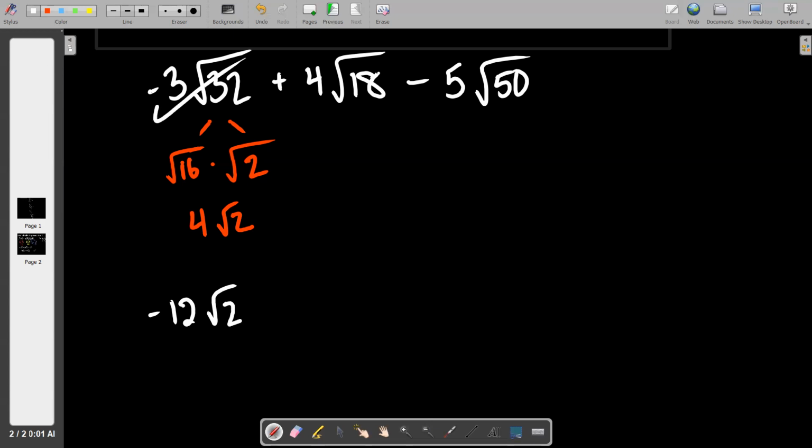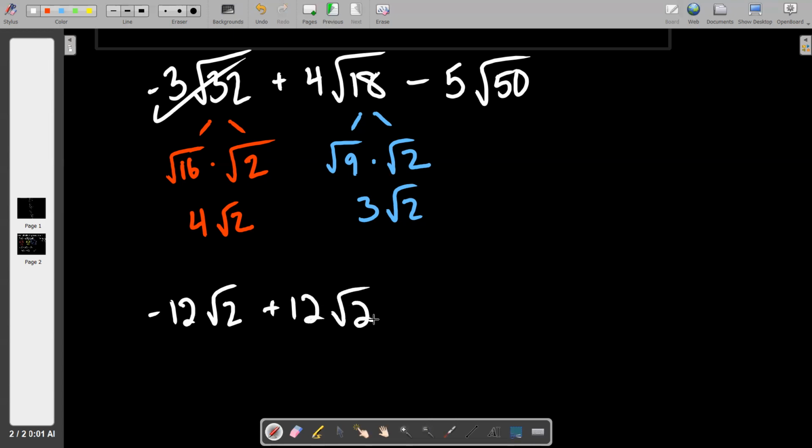Let's head on to the second guy. I'll switch to blue. How do you break a root 18? Definitely 9 and 2. And that becomes 3 root 2, which in the end becomes +12 root 2. I'm going to switch back to my white pen here, sorry. So +12 roots of 2.